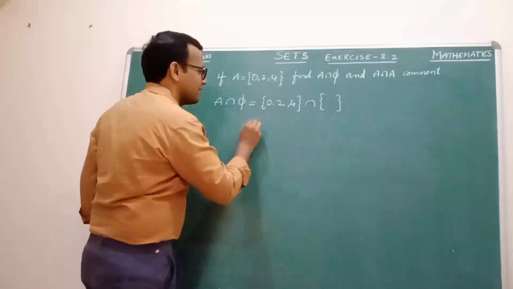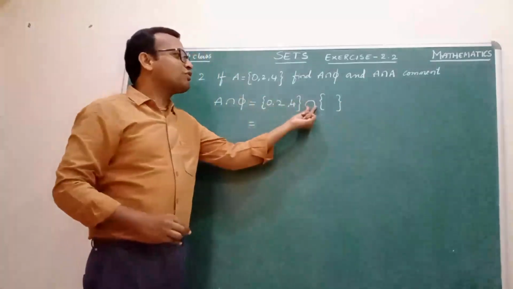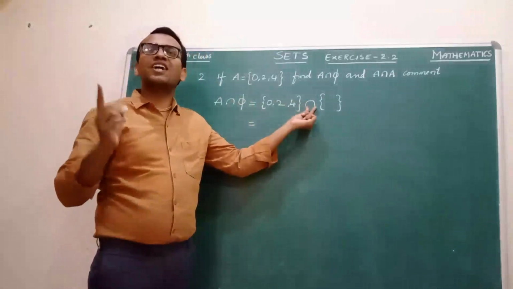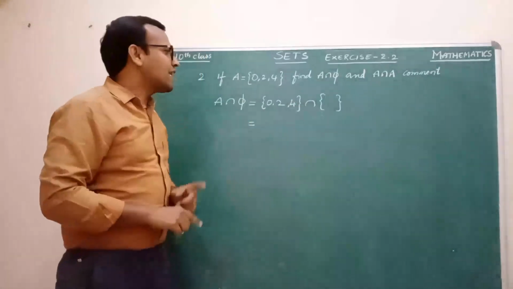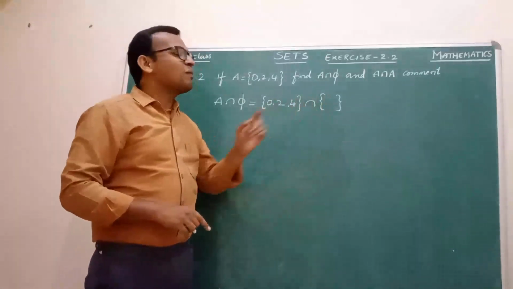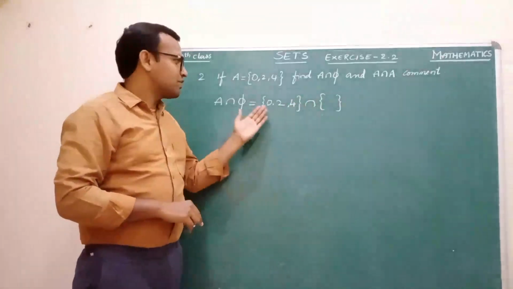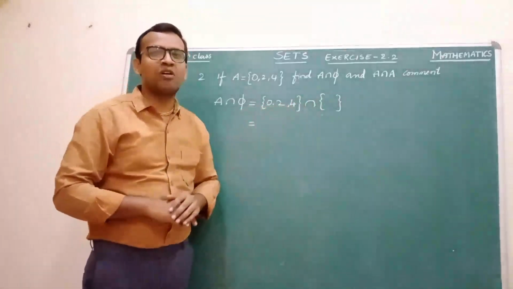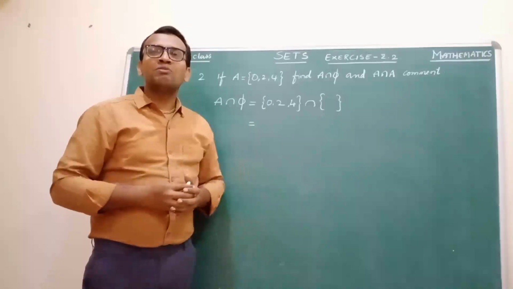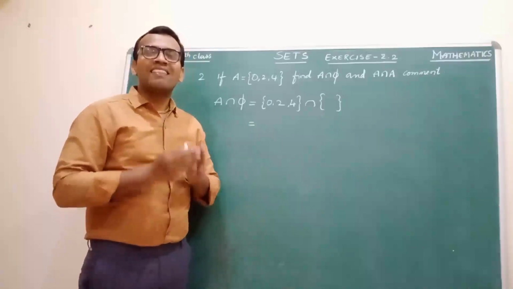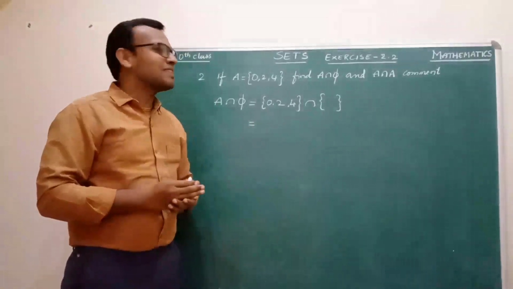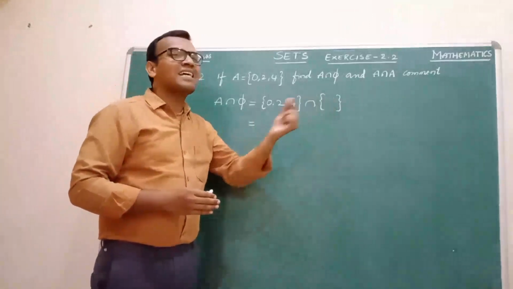Right. Now, the intersection of two sets is nothing but the set of common elements. Now tell me which element is common in both the sets. 0, 2, 4. Which one is common? So here it is very clear that there is no element in common, because here it is the empty set.